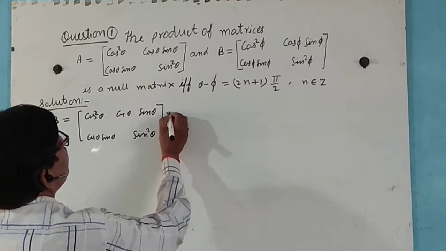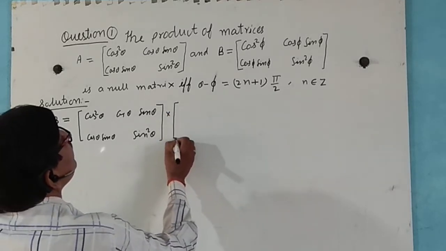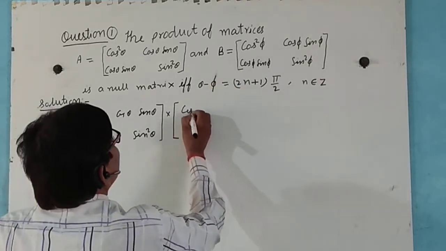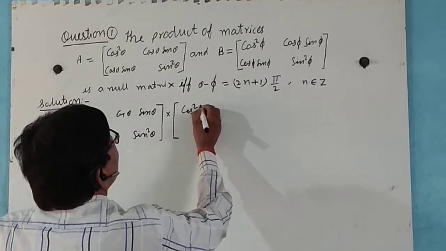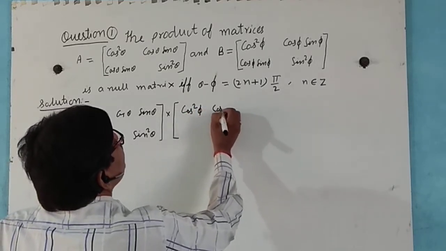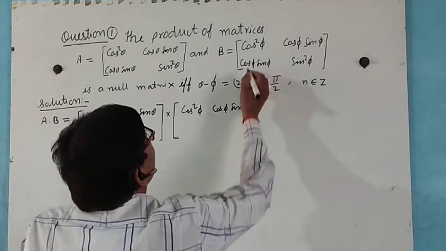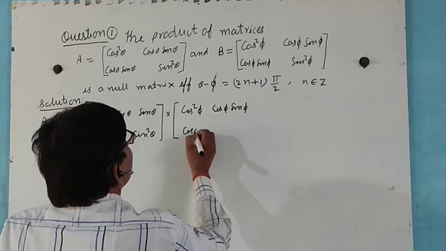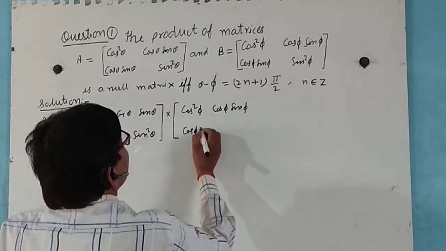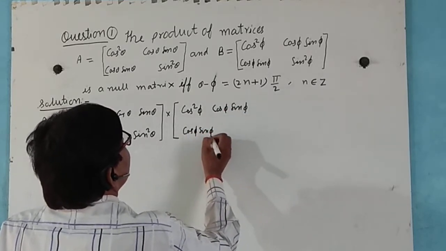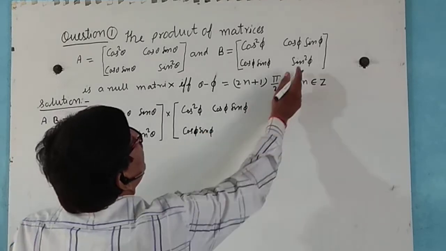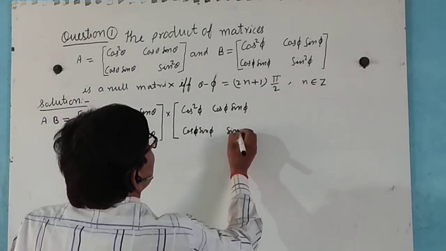Matrix A into matrix B. B is cos square phi, sin phi cos phi, sin phi cos phi, and sin square phi.